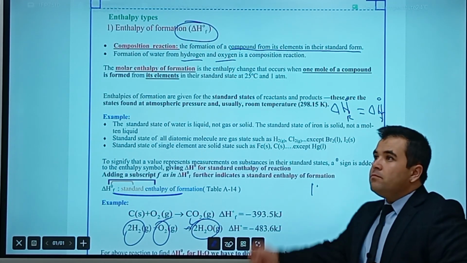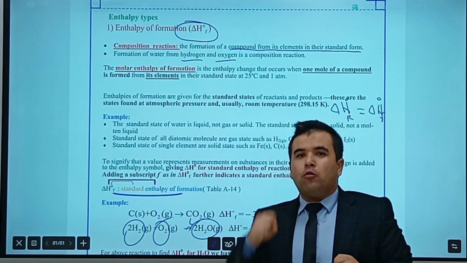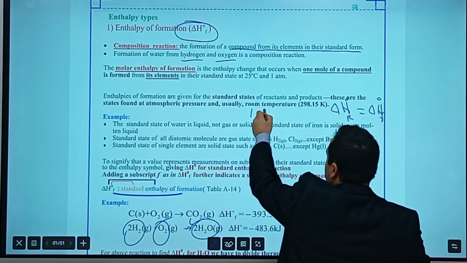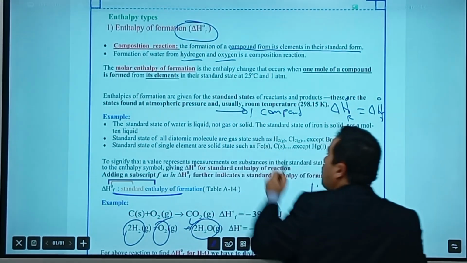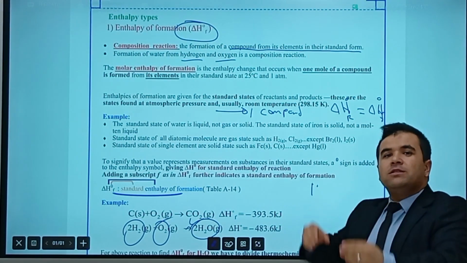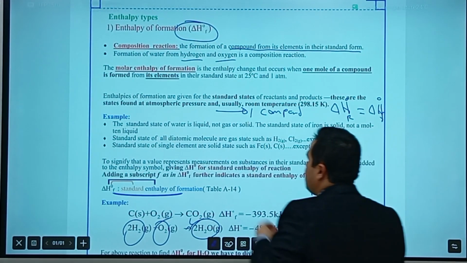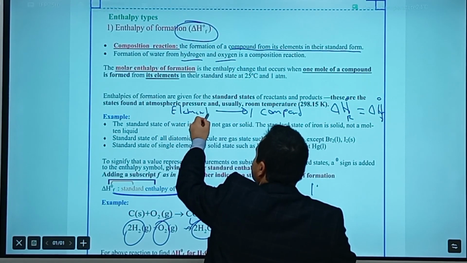First, 1 mole of a compound must be formed in the product. The general form is 1 mole of a compound. From what? From the elements that they composed and that form that compound. From the elements.